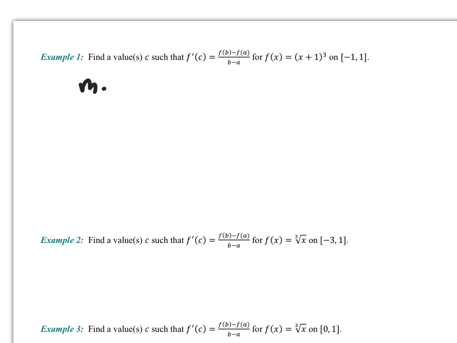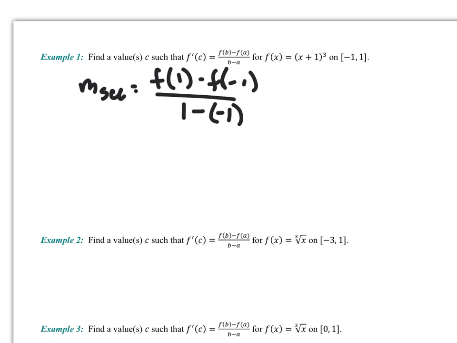So the slope of the secant line will equal f of 1 minus f of negative 1 over 1 minus negative 1. Okay, f of 1 will be 8. f of negative 1 will be 0, over 2. Looks like our slope is 4.